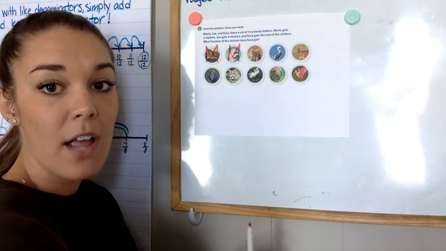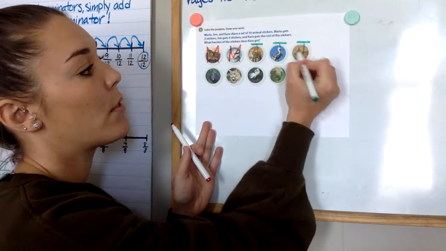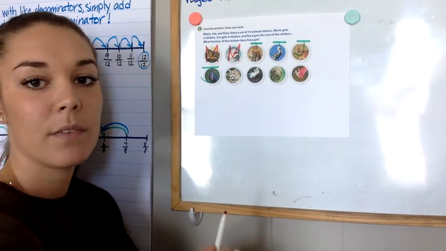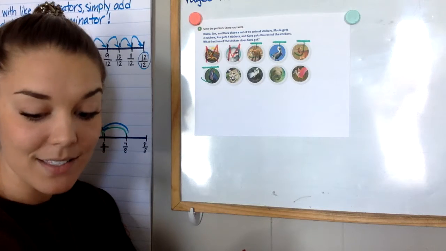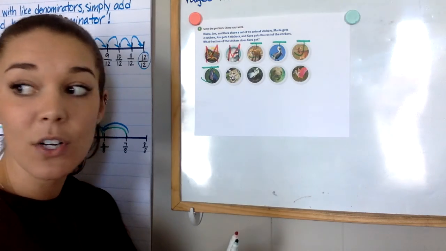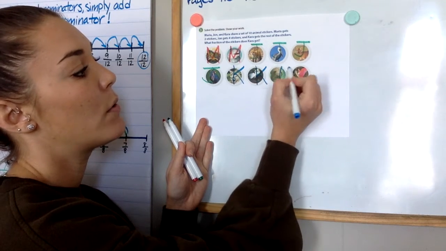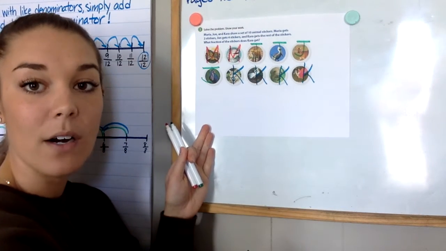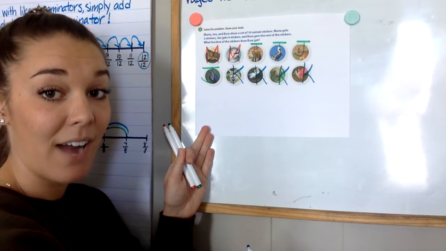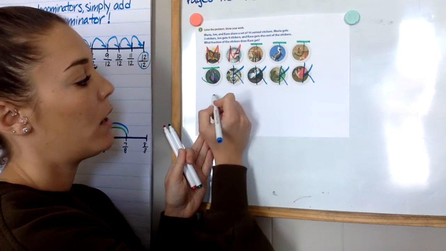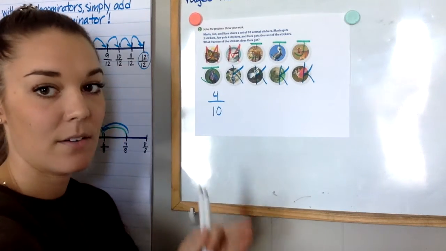So let's put a J for John over 4 of them. 1, 2, 3, 4. Okay. And then Kara gets the rest. So let's put a K for Kara on the rest. 1, 2, 3, 4. Okay, so how many stickers does Kara get? 4 out of how many is 10.